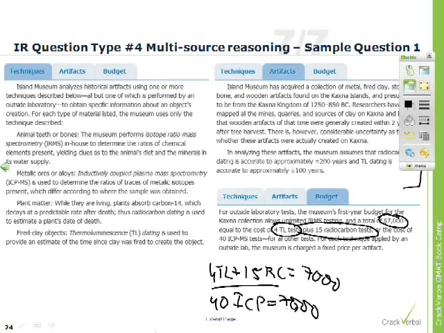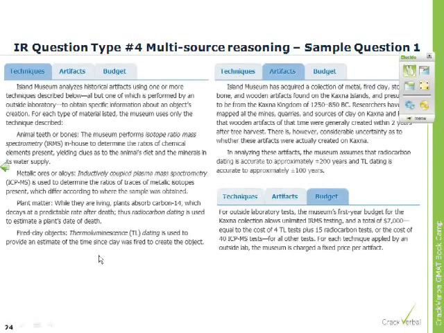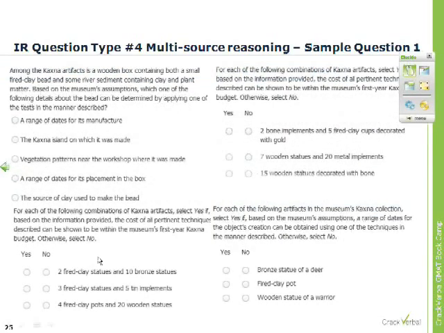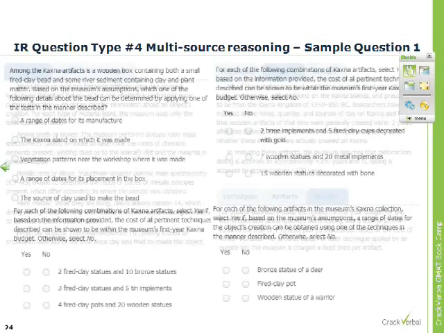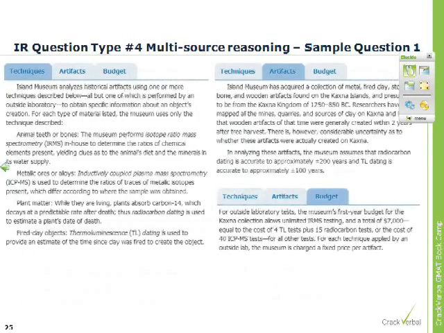So now it says 2 fired clay plus 10 bronze statues. So what was it for bronze statue? ICP-MS. Right? So 40 can be done in $7,000, so 10 can be done in 7,000 divided by 40 into 10, divided by 4.